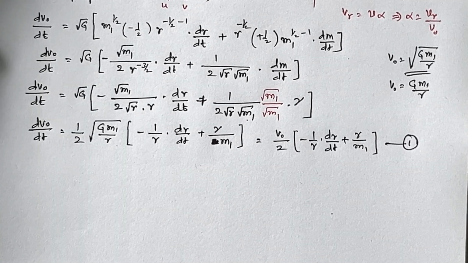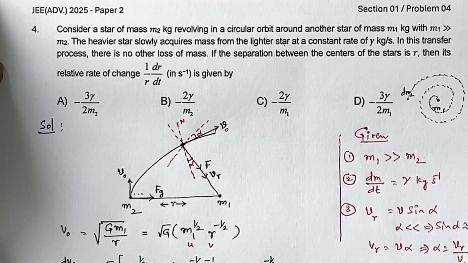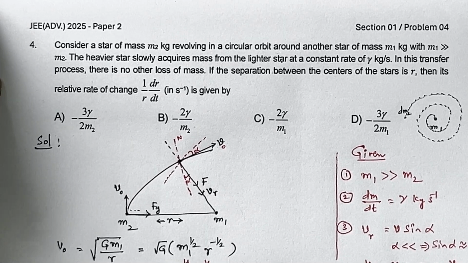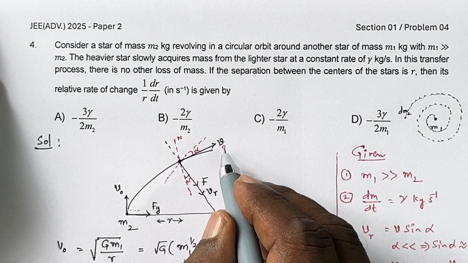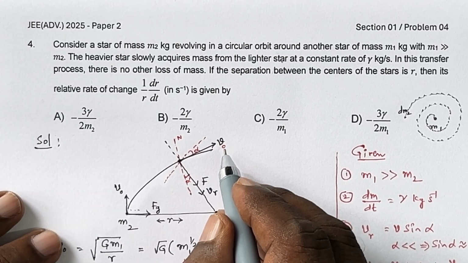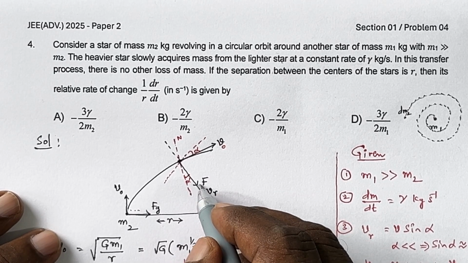Now why is this tangential velocity changing? See here in our picture, this tangential velocity v naught is changing. Why? The change in velocity can take place because of force only. Here we are having force towards the center, radial force, centripetal force.